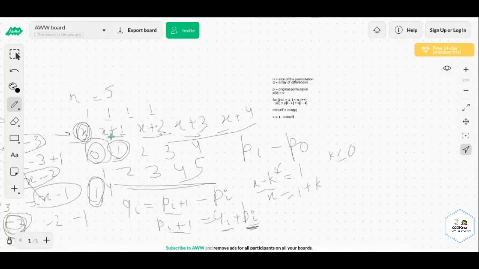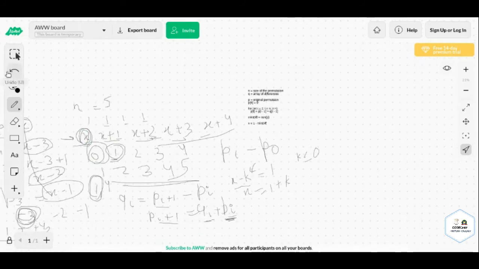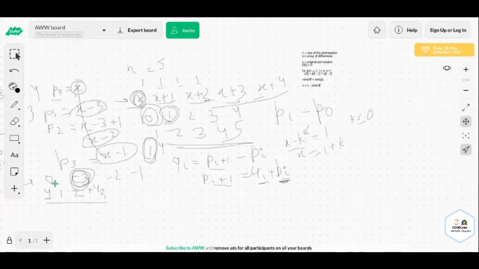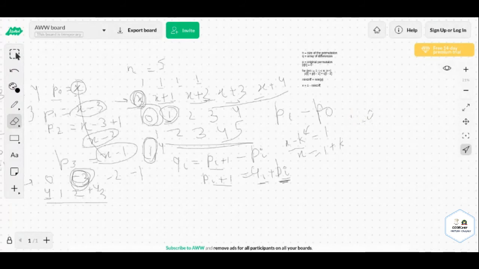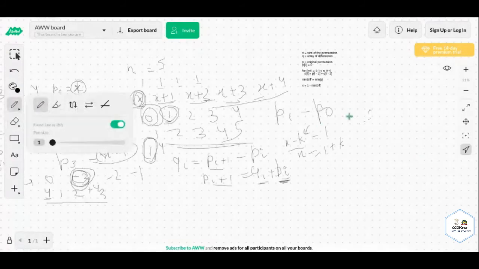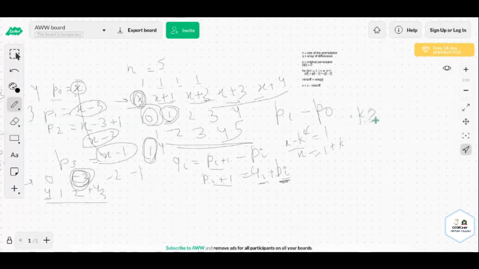In the case when all are positive, then we have x0 as the minimum. If there is at least one which is negative, then, actually, we are taking minus here, so k will always be greater than or equal to 0.